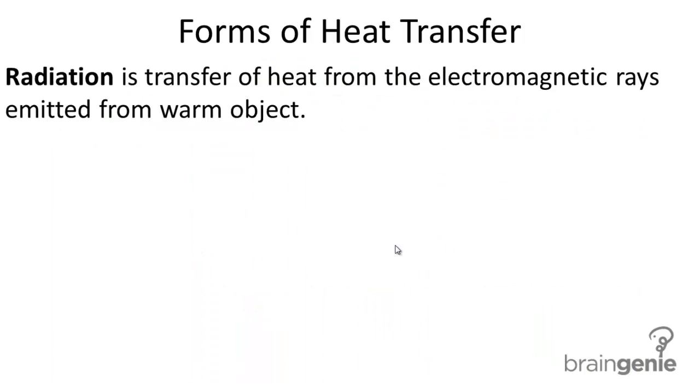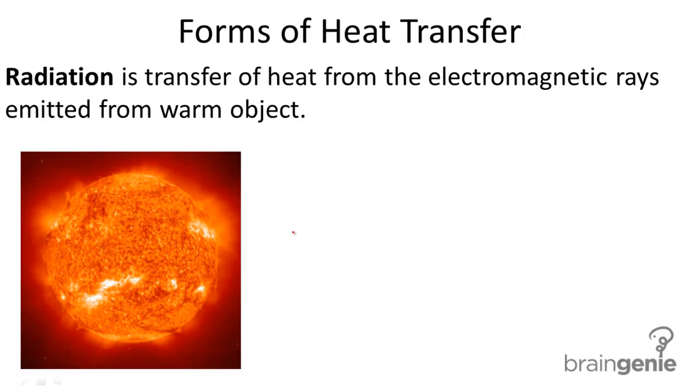The last form of heat transfer is radiation, the transfer of heat from electromagnetic rays emitted from a warm object. What's the warmest object that we know of, or that we are thankful to have every single day? The sun. The sun emits rays. These rays shoot off. These are electromagnetic rays, and we'll learn about this in a different topic.